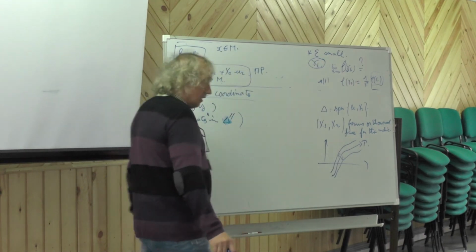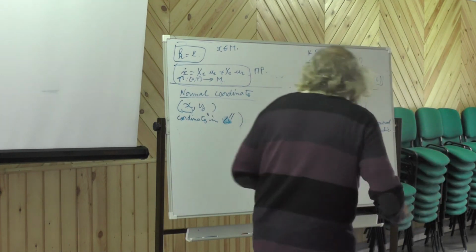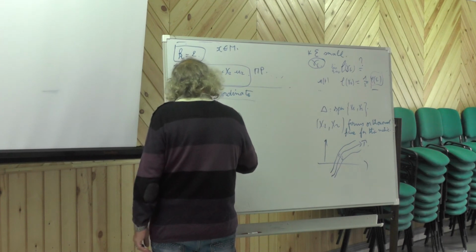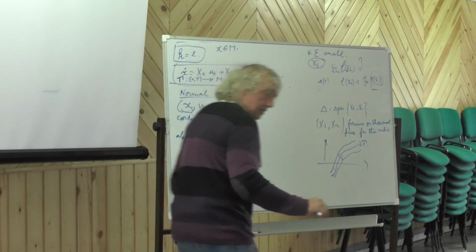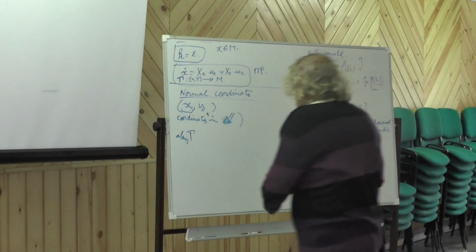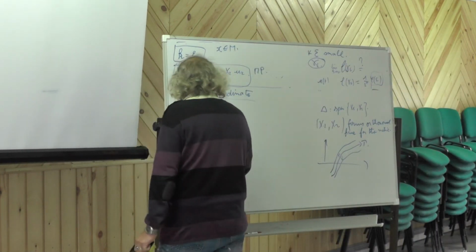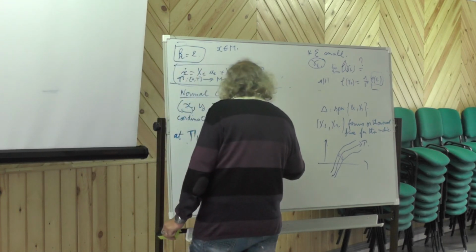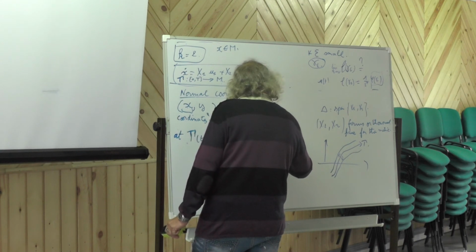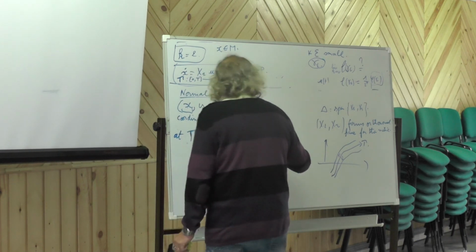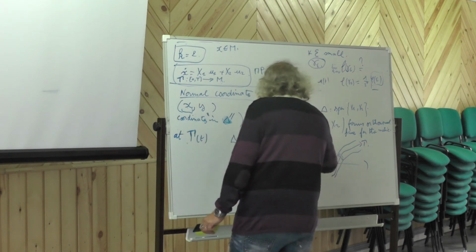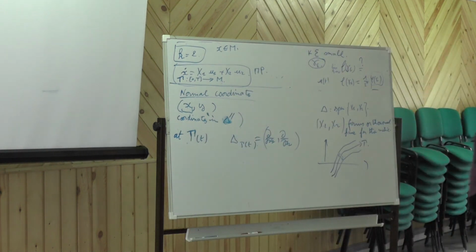It means that along the curve gamma, at gamma of t, the distribution delta of gamma of t is just d/dx1, d/dx2. Normal coordinates are like that.